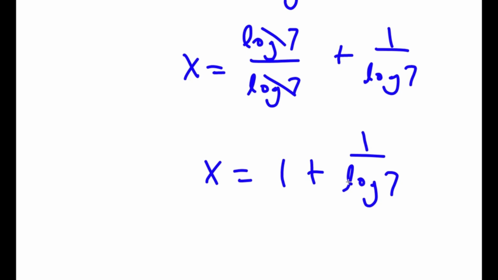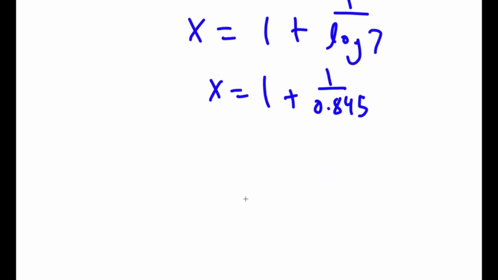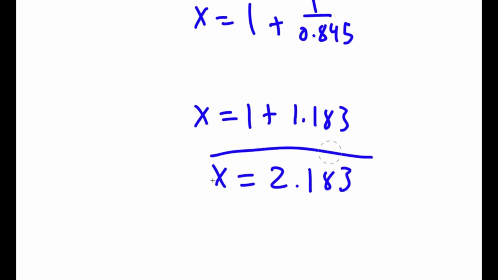So log 7, this is equal to approximately 0.845. So now, 1 divided by 0.845, that is going to equal 1.183. So now 1 plus 1.183 is equal to 2.183, so x is equal to 2.183. This is my answer.